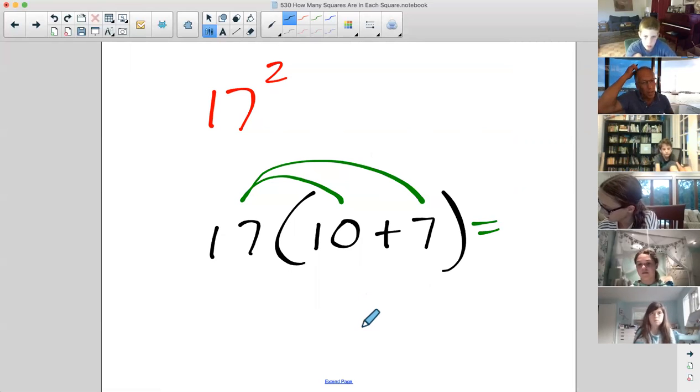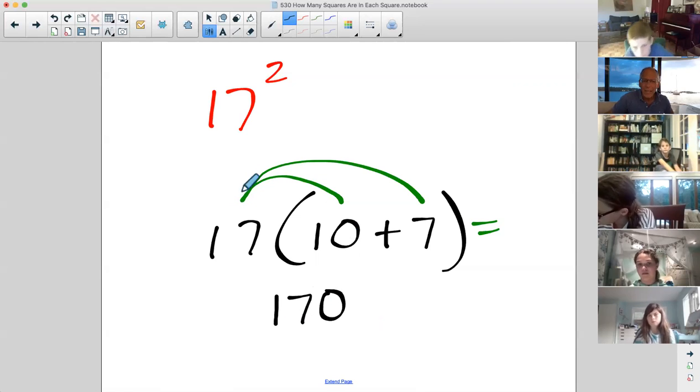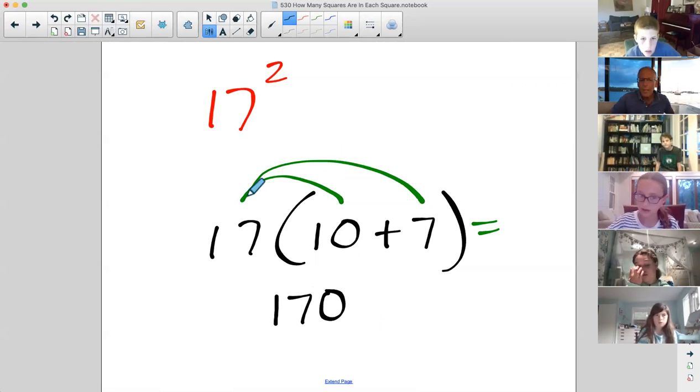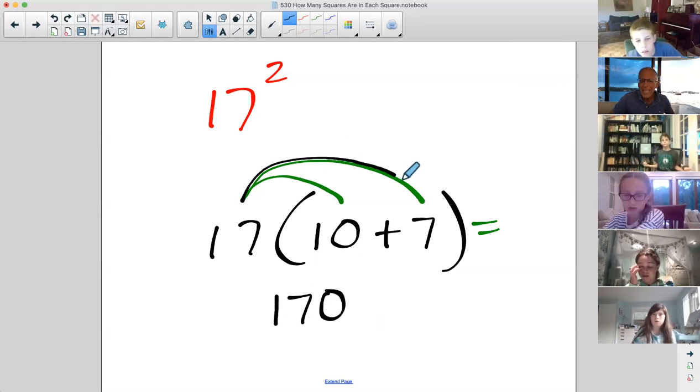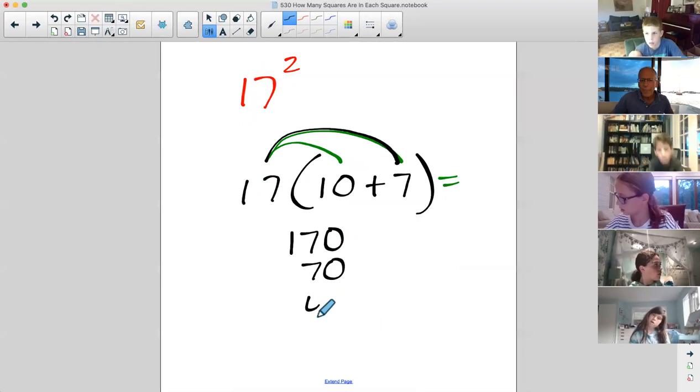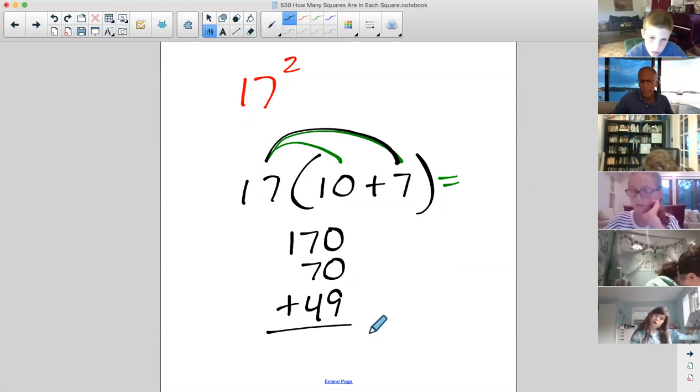Good try, Isabella, but you gotta try again because this is 170. 17 times 10 is 170 all by itself. Now you gotta do 17 times 7, which is 70 and 49. Hannah's got it.